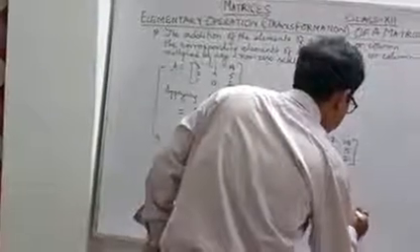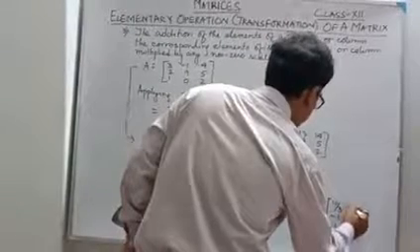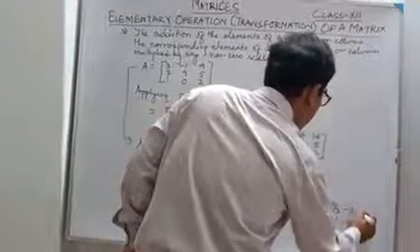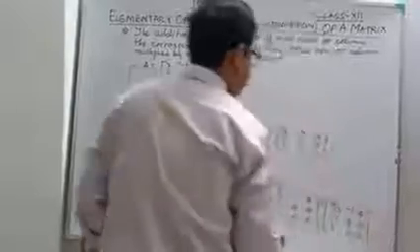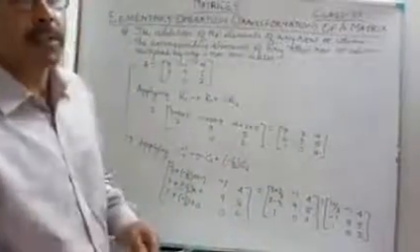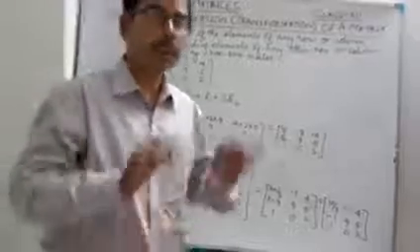That means you are getting here 10 by 3, minus 1, 1, minus 1, 9, 0, 4, 5 and 2. I hope it is clear, students. So these are the elementary operations.